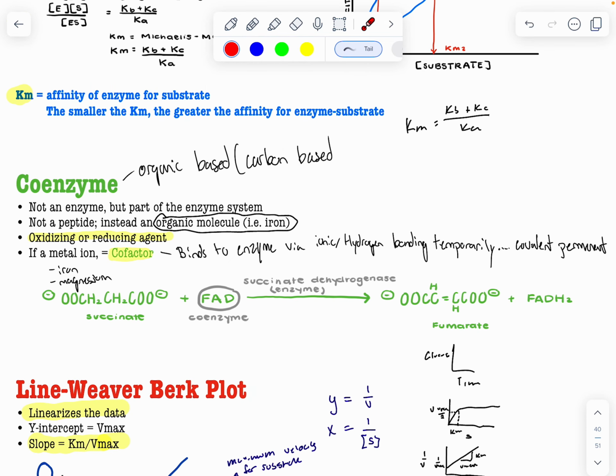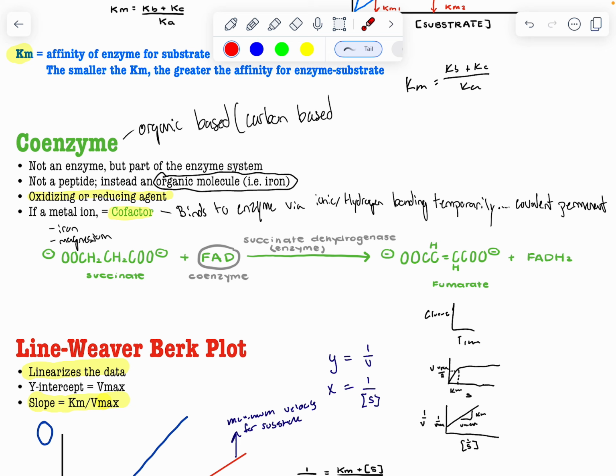All right, coenzymes. Coenzymes are not an enzyme, but they are part of an enzyme system. They are not a polypeptide, and they are an organic molecule instead. And you could refer to them as oxidizing or reducing agents. And if it is not an organic molecule and instead a metal ion, they are referred to as cofactors.